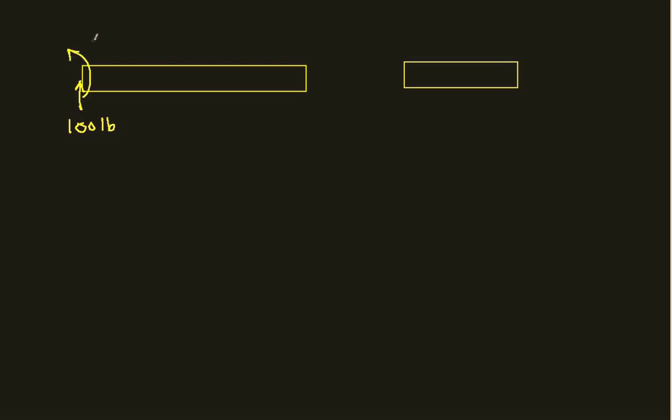And we know that the moment here is 1,000 foot-pounds. We know over here we've got 100 pounds down. Let's assume that AA is 8 feet out along the beam. So this is going to be a distance of 8 feet from this edge to this edge, and this is going to be a distance of 2 feet.